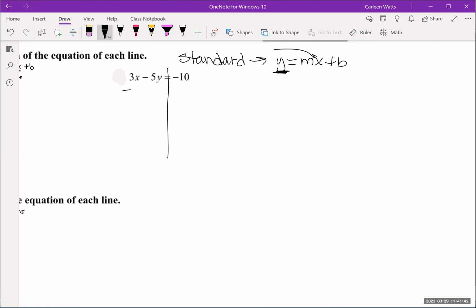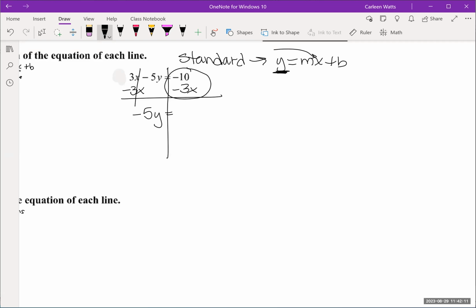Okay, minus 3X. Cancel. Oh, wait, sorry. Okay, let's look at these right here. Are those like terms? -10 and -3x.